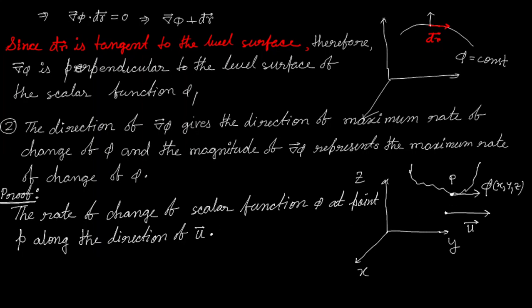The rate of change of scalar function phi at point P along the direction of u can be written in this way: d, at point P, along the direction of vector u, of scalar function phi, is equal to, and this term represents the rate of change of phi at point P along the direction of u, and that is given by grad of the scalar function dot the unit vector along the direction of vector u.